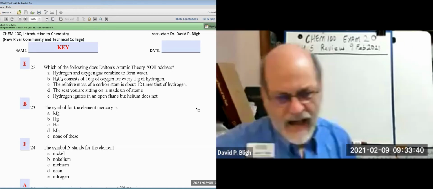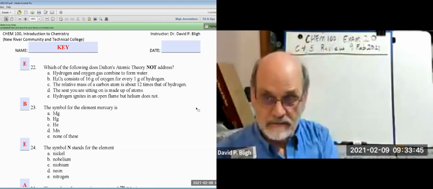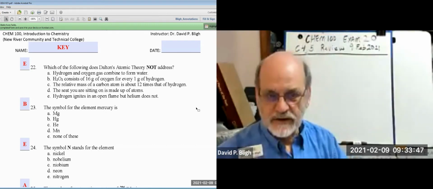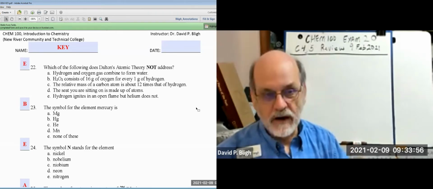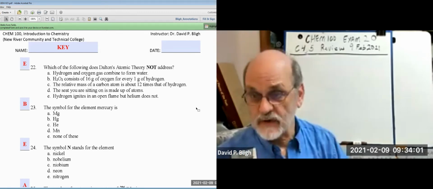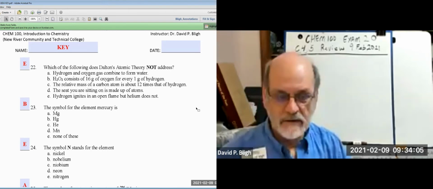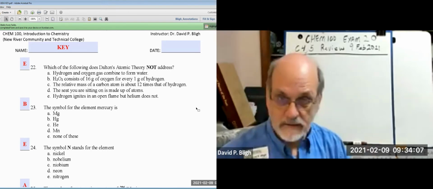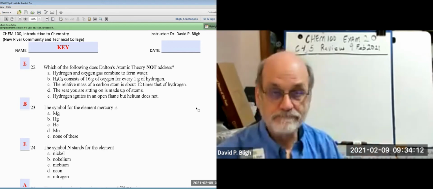I think that has to do with the alchemy that had preceded modern science. I'm not sure about the chemistry they used, but they selected that as the foundation, the Latin for the derived symbols for the name, Mercury.